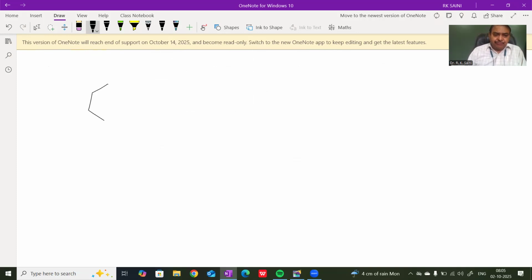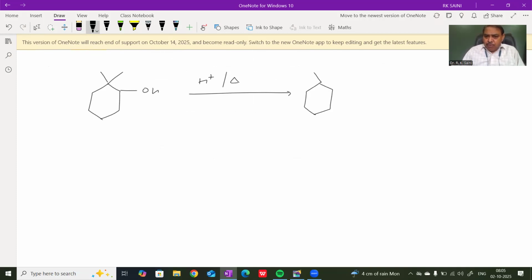For example, when this alcohol is treated with acid H plus ion and heated, it gives a carbonium ion first, and this carbonium ion is a secondary carbonium ion. We know that carbonium ions readily undergo 1,2 shifting and change into a more stable one. During the 1,2 shifting, methyl shifting takes place.